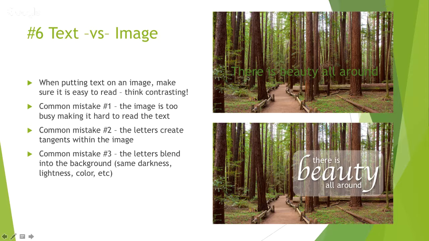Another one is when the letters blend into the background, kind of similar color, similar hue, tone, brightness, all of that. And then sometimes even the text, depending on what the image is, can cause a tangent with the image or whatever's on the image.